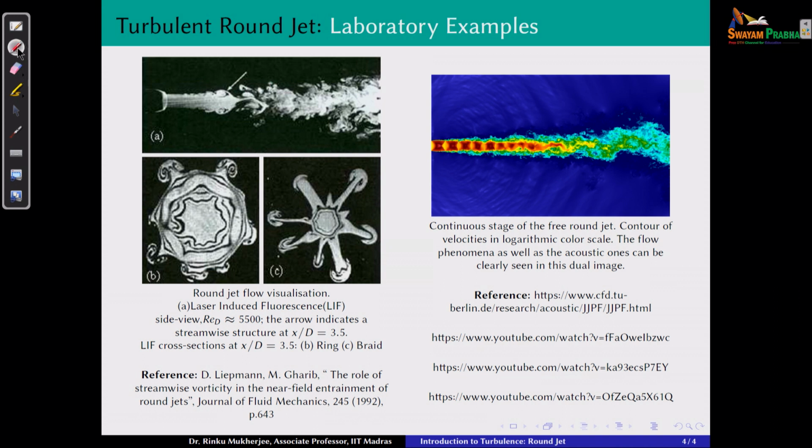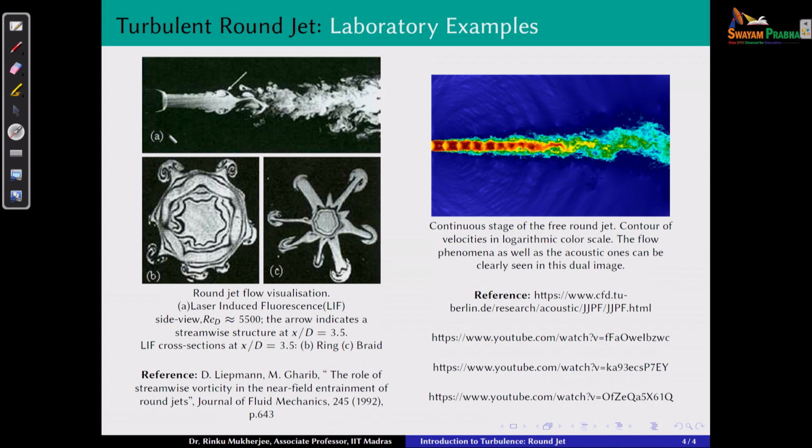This is the region that we are looking at, which is shown in these two diagrams, two views of that. Now this region is at x by d of 3.5.